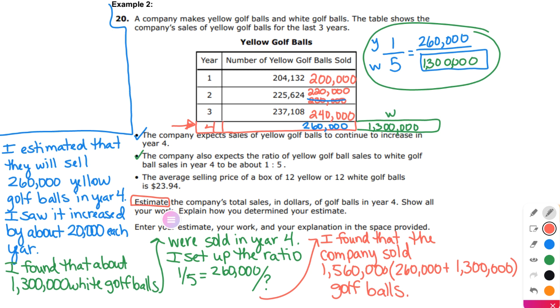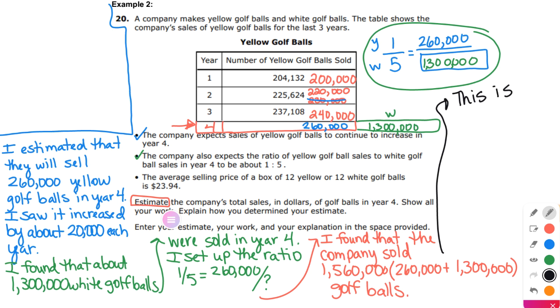Now what? Livy? Divided by 12. Why are we dividing that by 12? Because a box then costs $23.94. Okay, so I'm going to come up here because I'm running out of space. Let's figure out boxes. Take that number divided by 12. Give me an answer. 130,000.